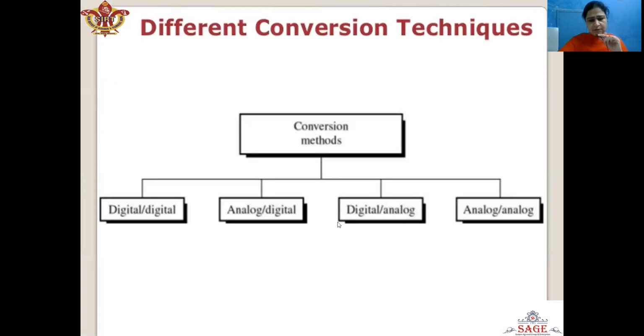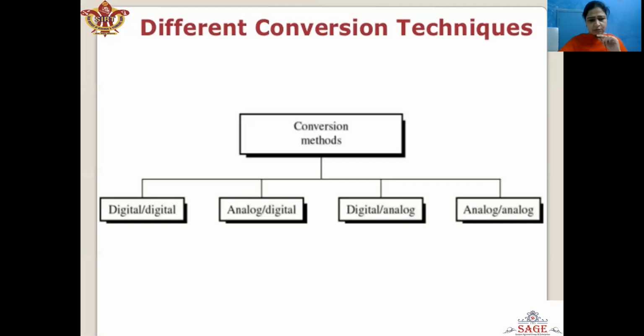For converting one mode of signal to another mode, we have different conversion methods. First is digital to digital encoding, another is analog to digital encoding, then digital to analog encoding, and analog to analog encoding method. For example, digital to digital encoding method is described by the line encoding method, which is described in this lecture.